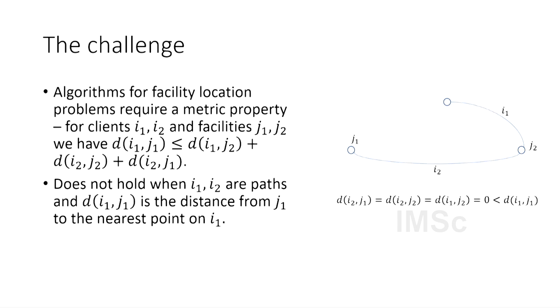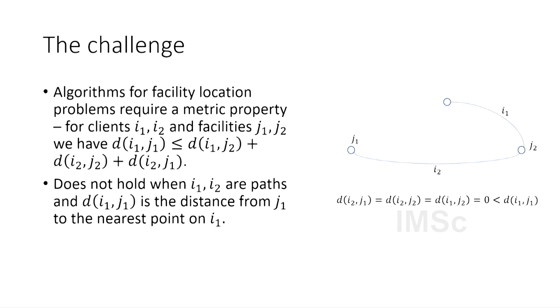But one other thing that gets used very often is this inequality, which says that if I have clients I1, I2 and some facilities J1, J2, then by triangle inequality, the distance from I1 to J1 is less than the distance from I1 to J2 plus the distance from I2 to J2 plus the distance from I2 to J1. This is just the quadrilateral inequality, whatever you would like to call it.